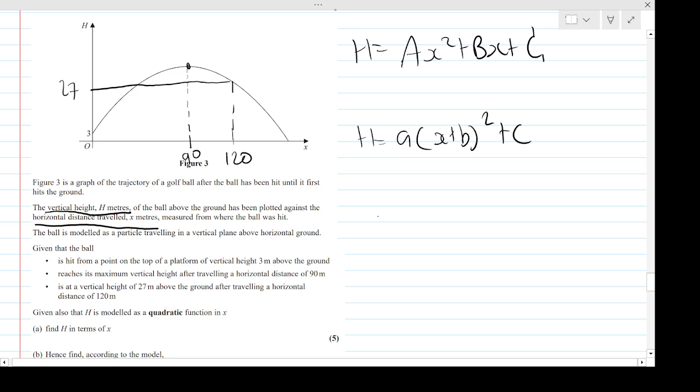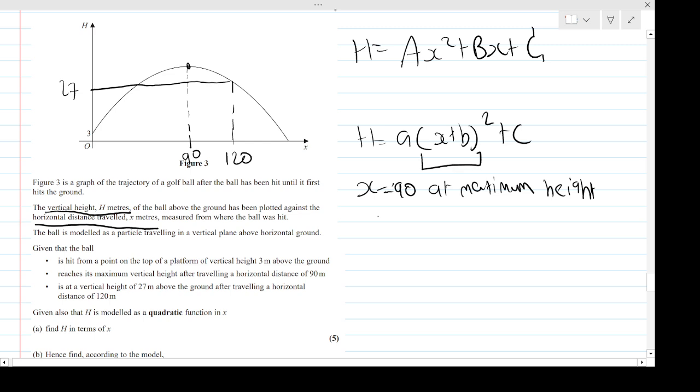So let's work with what we've got. Firstly, let's work with the vertical height because we already have it in complete square form. It's telling us x is 90. We do not know what height it is, but we know that horizontally it's 90. That means x is 90 at maximum height. We do not know what the maximum height is, but that's okay, we know when that has to happen.